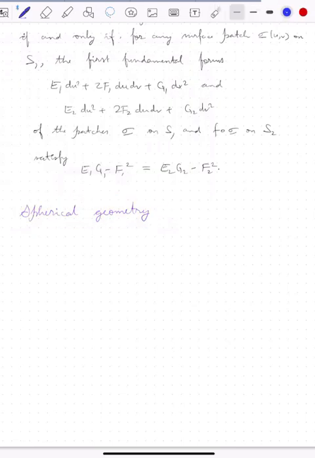So the idea is, we have been talking so far about Euclidean geometry, but we also have things called spherical geometry, where we perform calculus on the sphere itself, right?